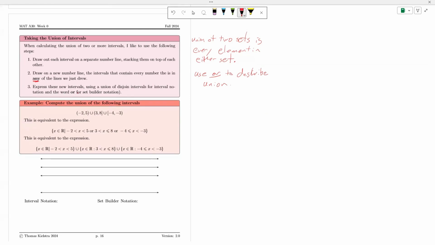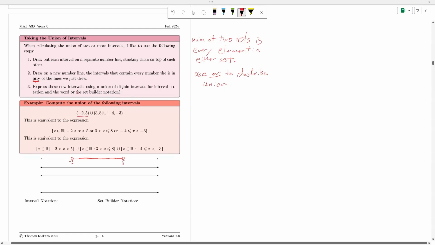Well, I'm going to start with -2, and it's open up to 5. It's going to be open as well. So that's my first interval.